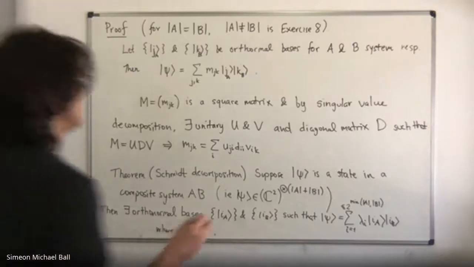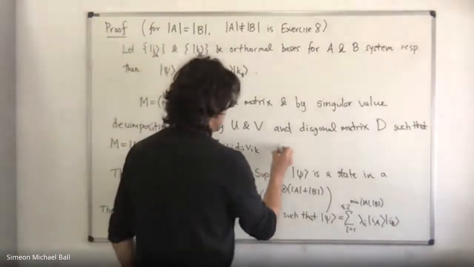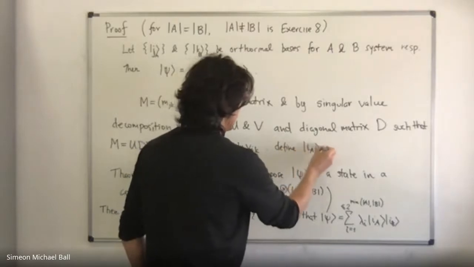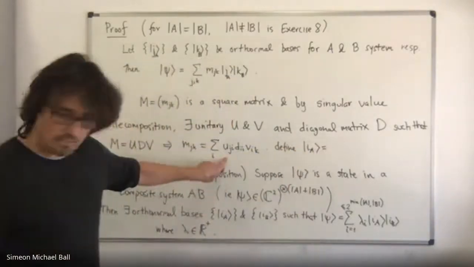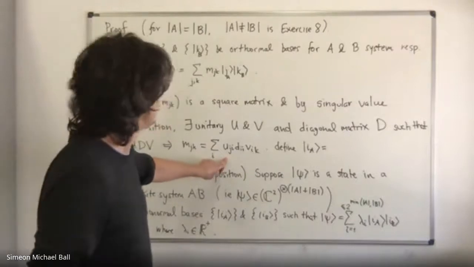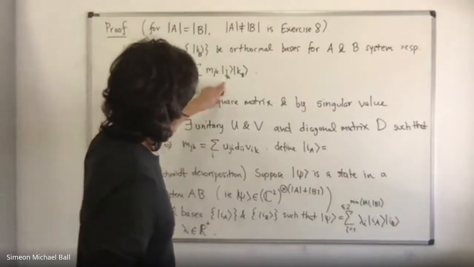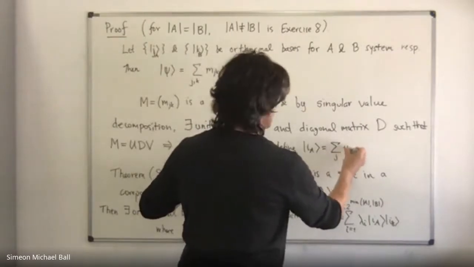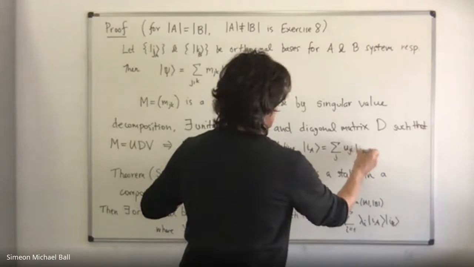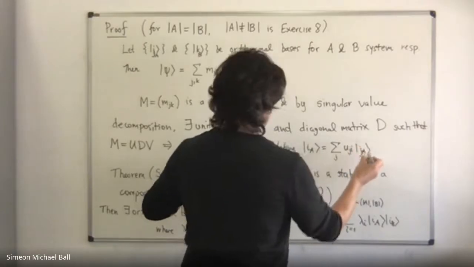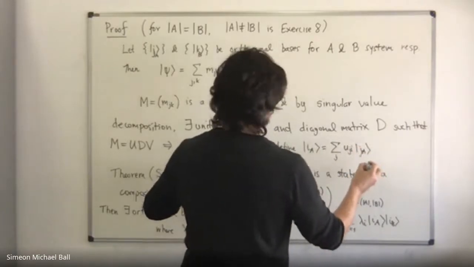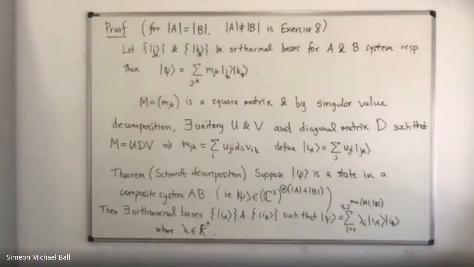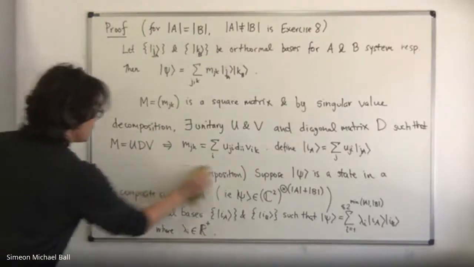So if we define iA to be the sum over j of U_ji jA, of course, and now I'm just going to rub off the first bit of the theorem statement.